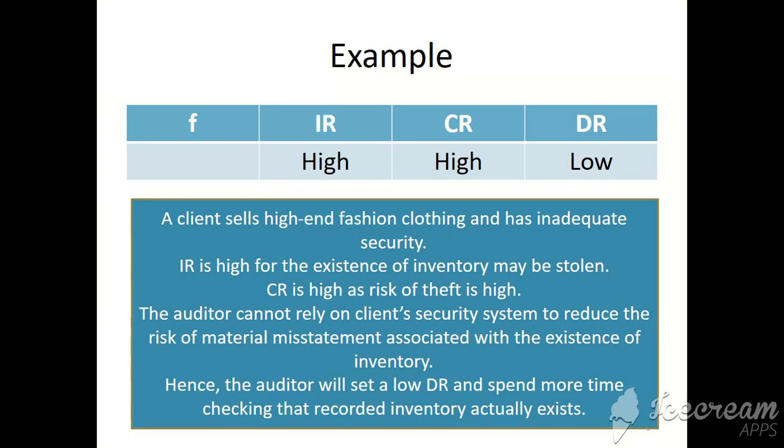What about CR? CR is also high because the risk of theft could happen. Because IR and CR are high, hence, the IT auditor needs to spend a longer time in doing the auditing work. Therefore, the DR is low.